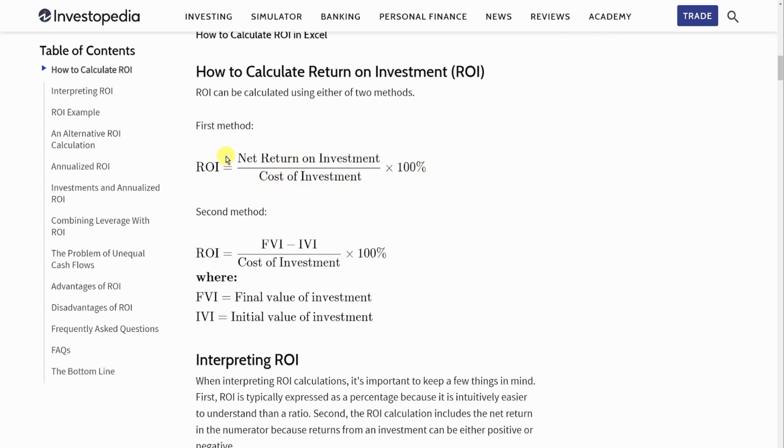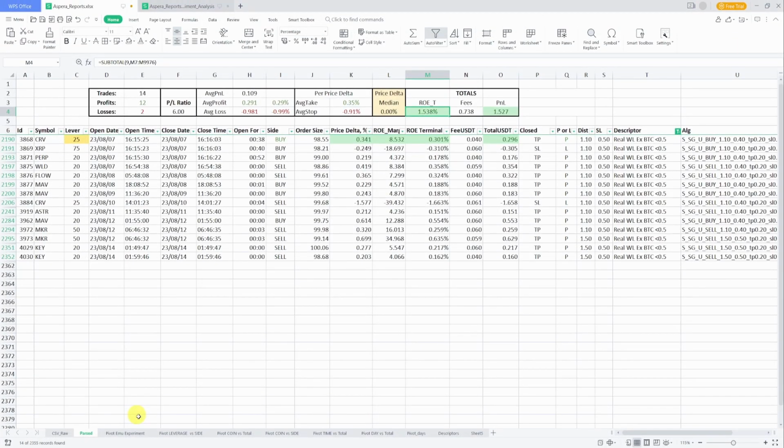So it's an overall picture instead of an individual picture per trade that you try to sum up together somehow. So that got me thinking, what if I were to change my calculation, not to only sum all of the pre-calculated values here, but what if I were to take the total investment, which is the order size pretty much, and then I take the total net result, which is the total USDT.